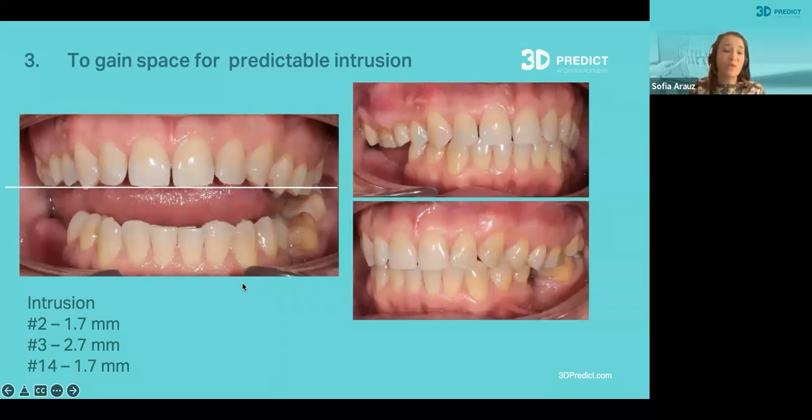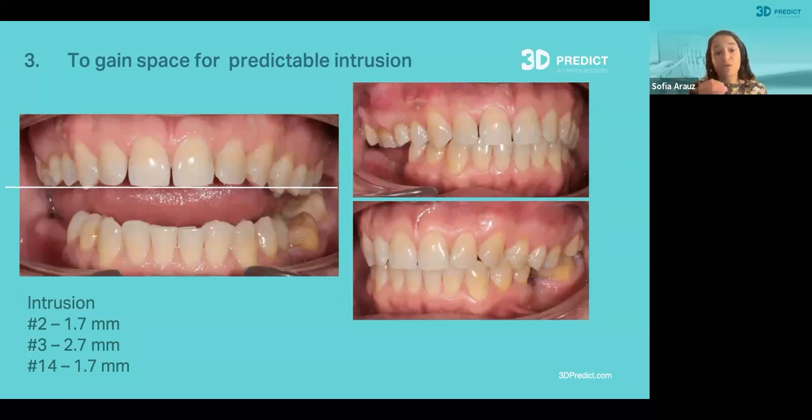The third reason for IPR is to gain space for predictable intrusion. So tying back to the previous point, when you do rotation, right? When you have a tooth rotated, we know most teeth mesiodistally are wider than buccolingually. So when you have a tooth rotated, it might be occupying less space in the arch. And when you put it in position, it is occupying more.